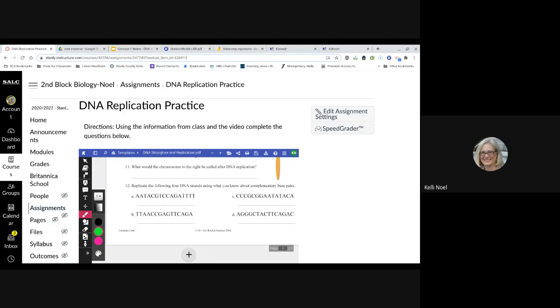A. I have an A, I'm going to write T. C, I'm going to write G. G, C. C, G. G. Hold on, too fast. A is a T. G is a C, T, and then A's. All right, so that is what you're going to do for 12.